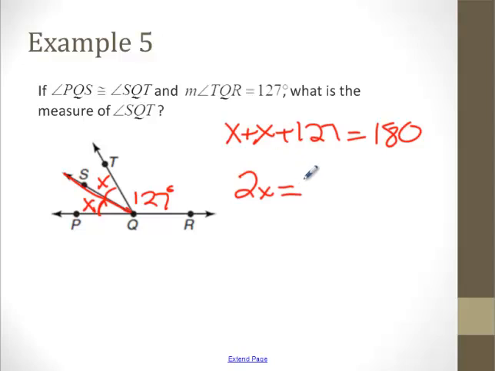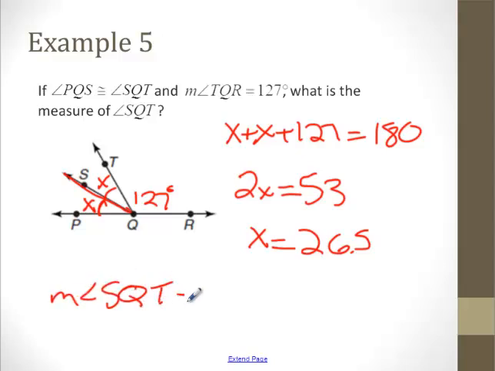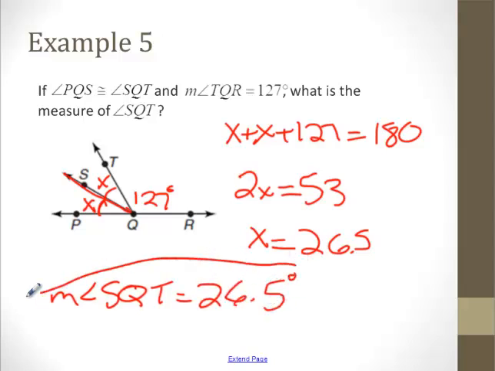And I get 53. Then I'm going to divide by 2, and I get x is 26.5, which means the measure of angle SQT is equal to 26.5. Let's try that again.